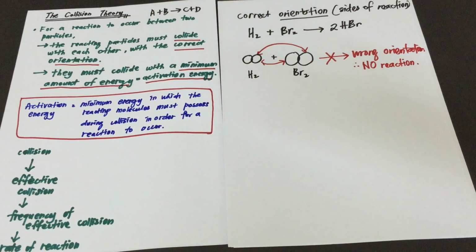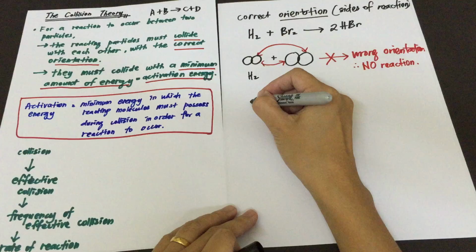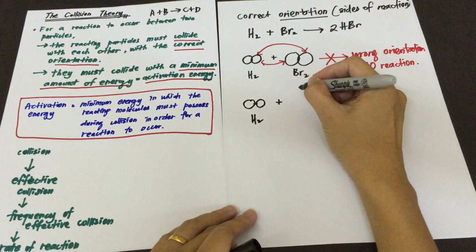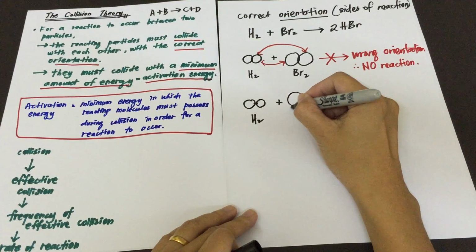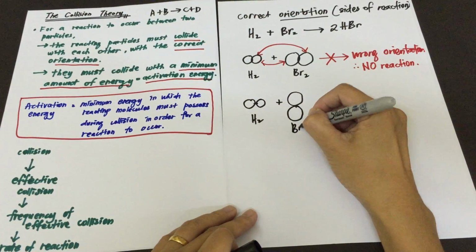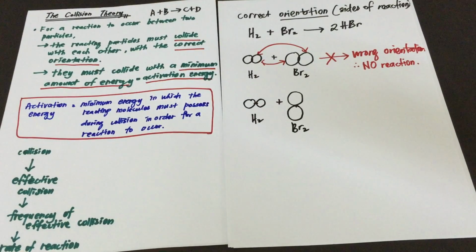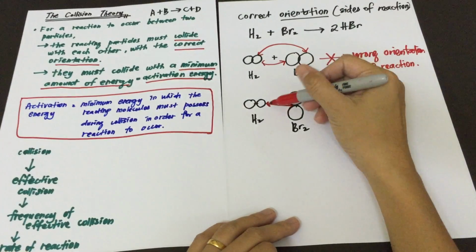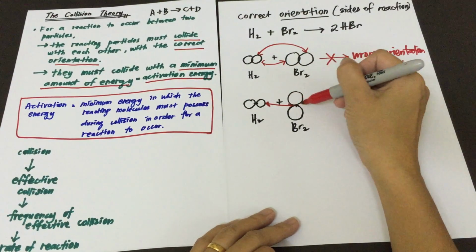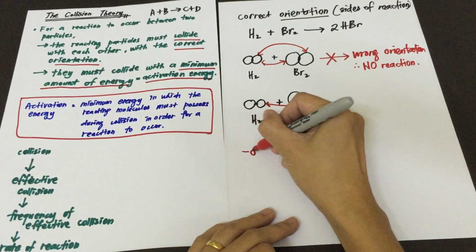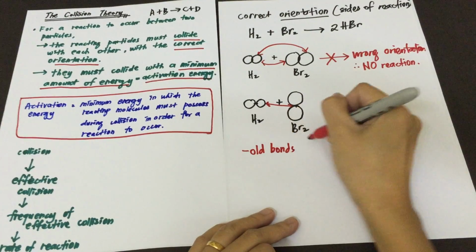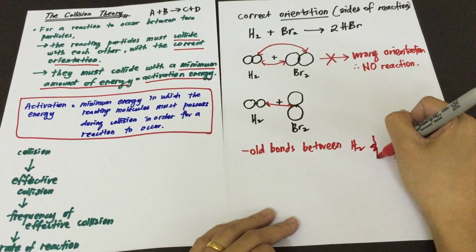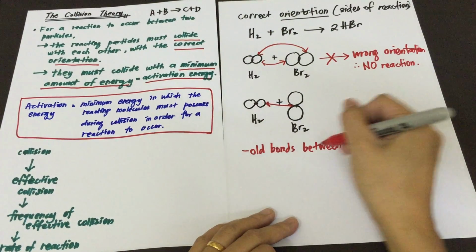But if during the collision they collide this way, this is a hydrogen and this is a bromine molecule. Let's say they collide this way. They collide at the correct orientation because the bonds between hydrogen and bromine must be broken.